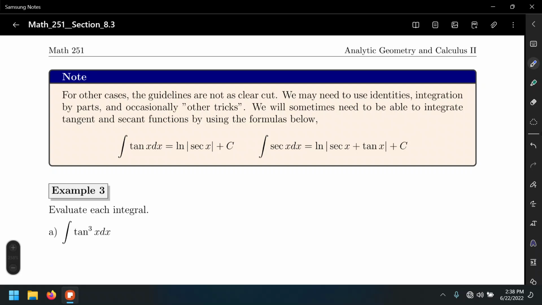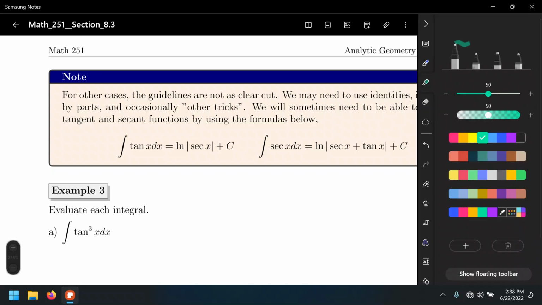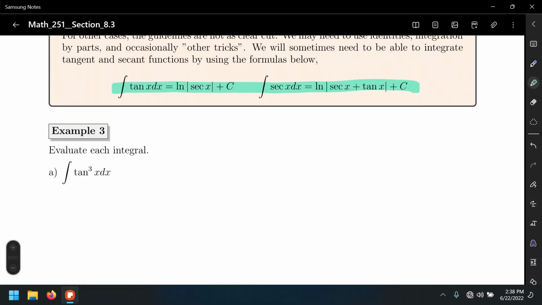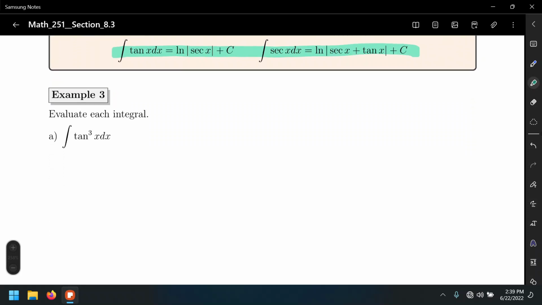Those are always going to work for sines and cosines. However, there are some cases in which we may need other integration formulas, which you covered back in Calc 1, and I'm going to use these two integral formulas for some of the exercises here. Okay, so let's evaluate this integral. Let's see.